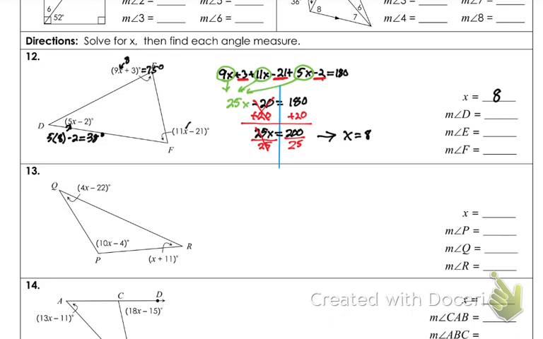So we're going to plug an 8 in here. 11 times 8 is 88. Minus 21 is going to be 67. Did I do that right? My brain feels fuzzy today. 88 minus 21 should be 67.